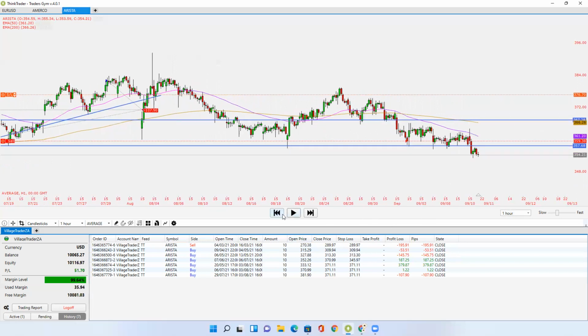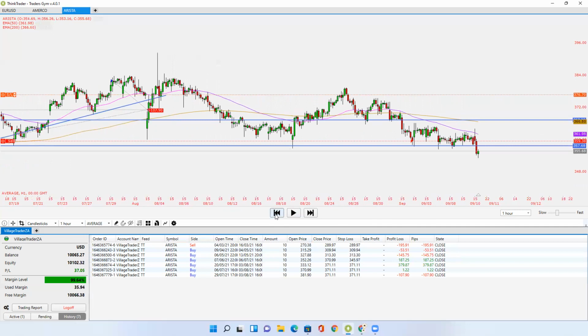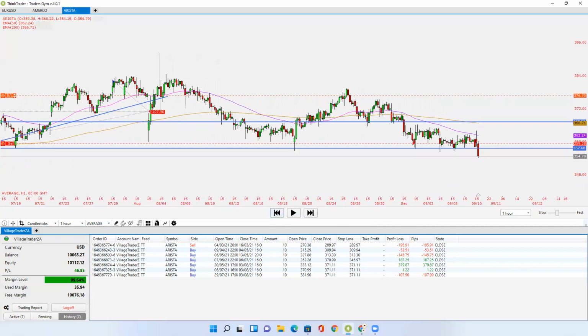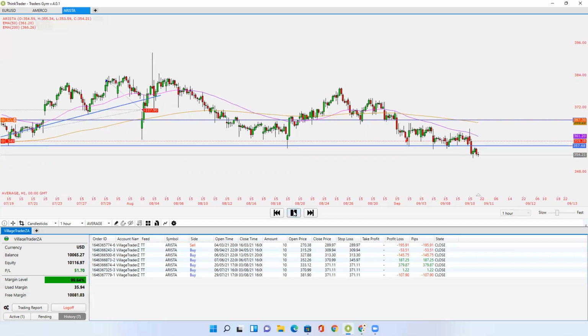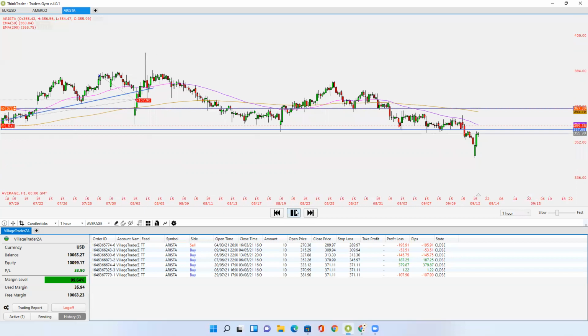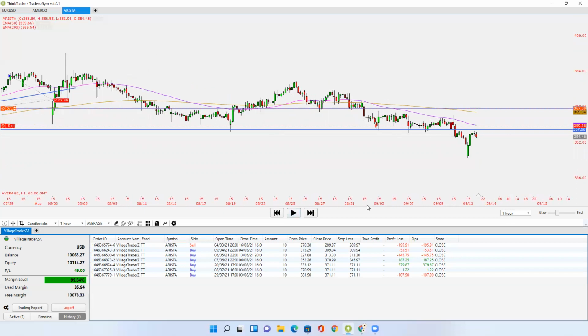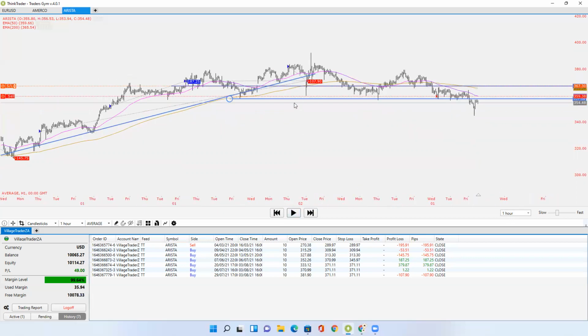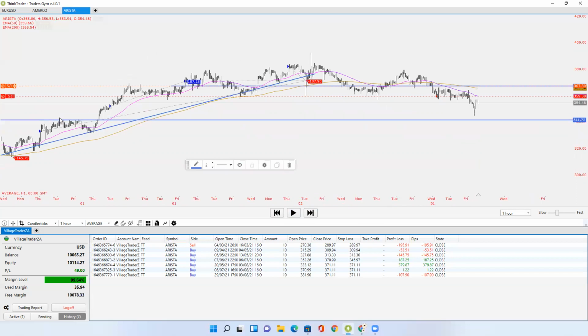Okay. When that happens, I want to lower my stop to there, just above those highs there. See, now I'm going to zoom back to see if there was any.